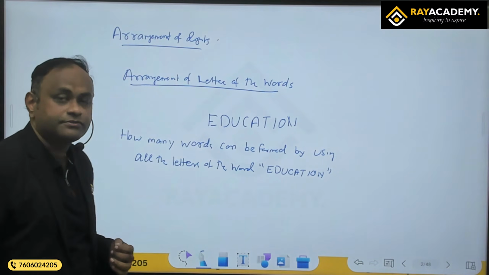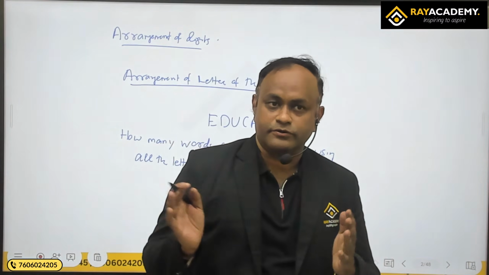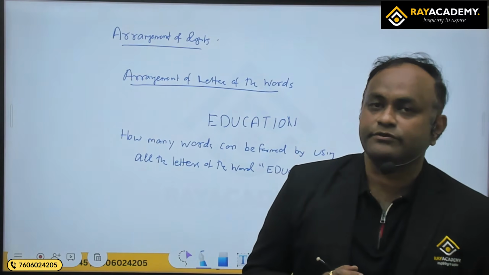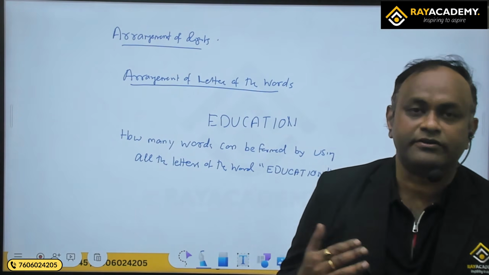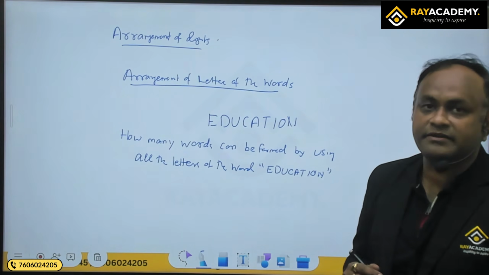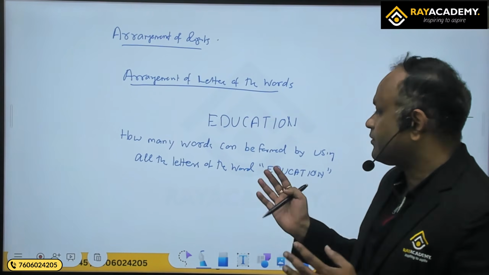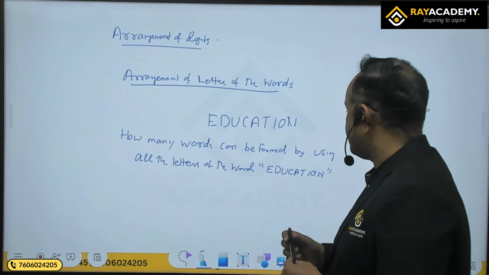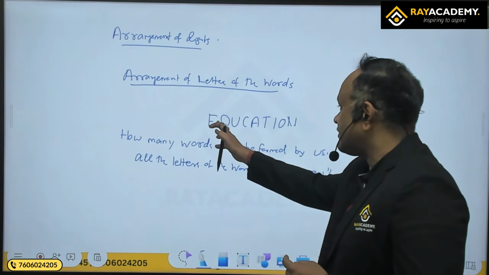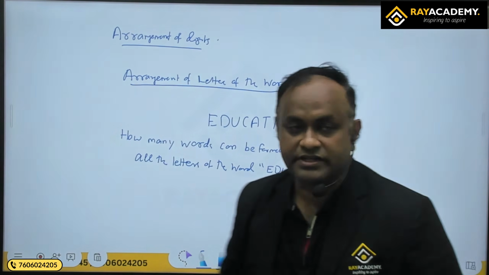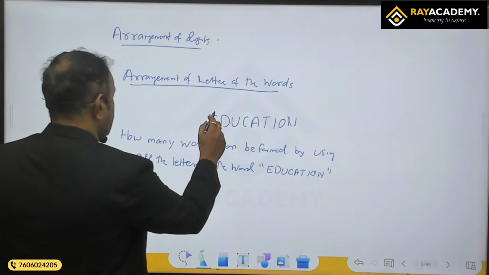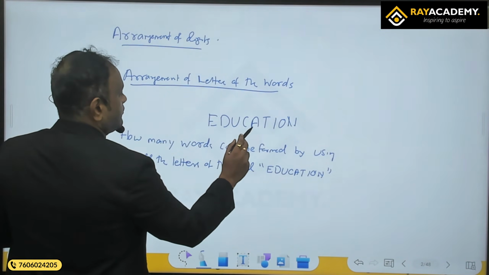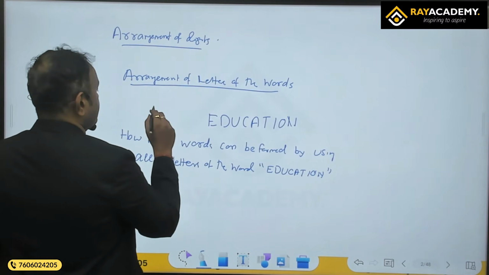This kind of question. The word that you form may have a meaning, or maybe there is no dictionary meaning. The only thing is how many words you can make. How many letters are there in education? If you count 1, 2, 3, 4, 5, 6, 7, 8, 9. So 9 letters are there.